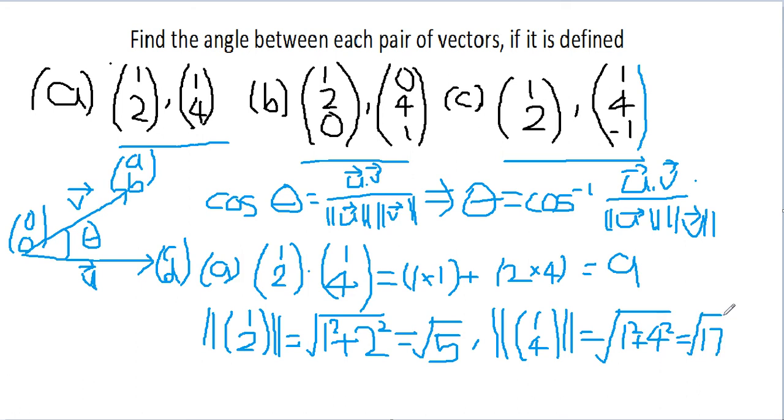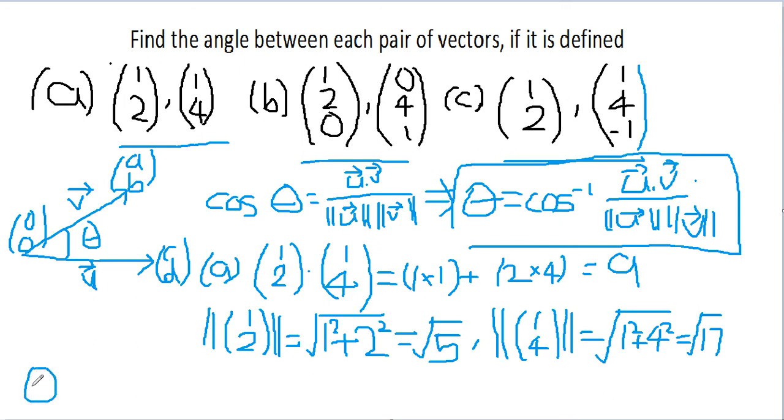So now let's plug in our values to find the exact value of the angle. Therefore this angle equals the inverse cosine.